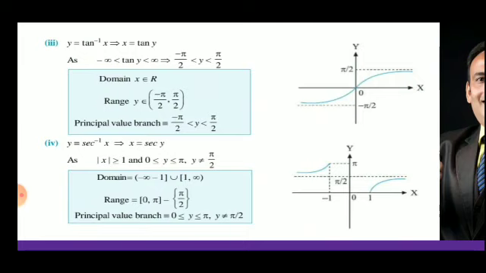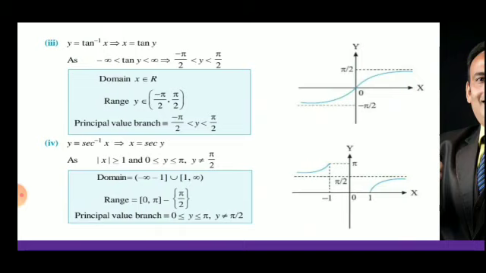So when we consider the tan x graph between minus pi by 2 to plus pi by 2, which is the principal value branch, it is a one-one and onto function, so it becomes bijective. So the entire range of tan x will become the domain of tan inverse x.